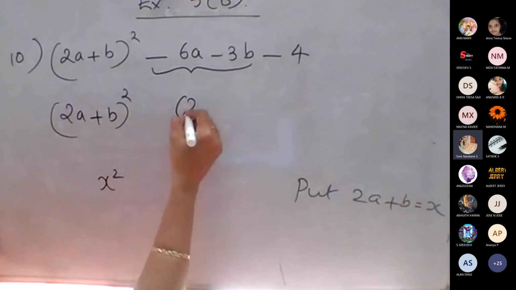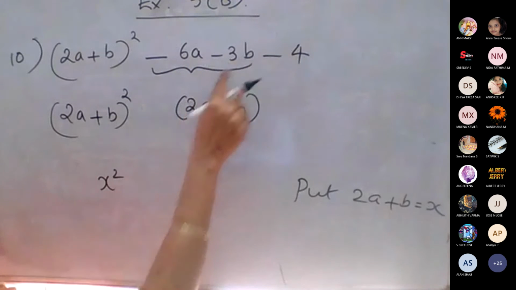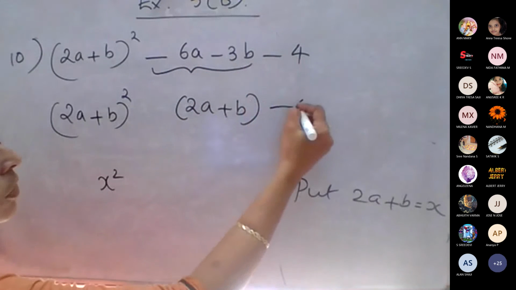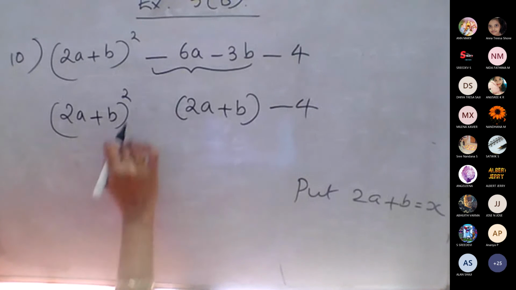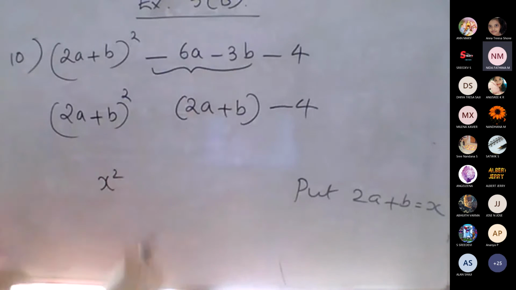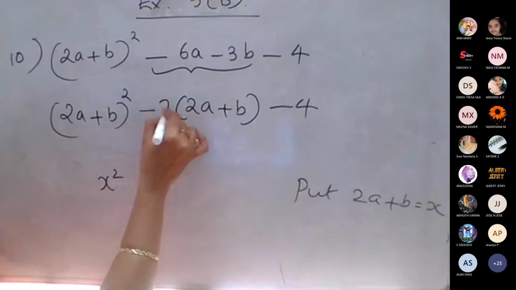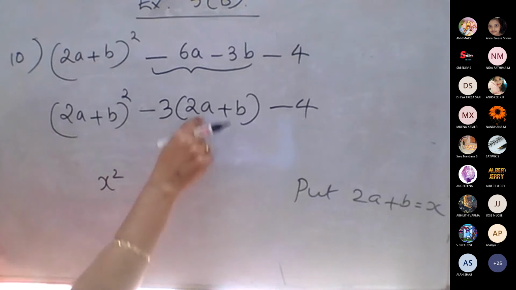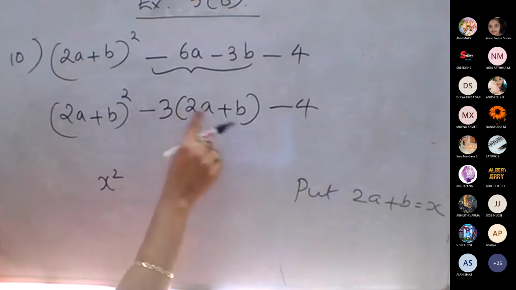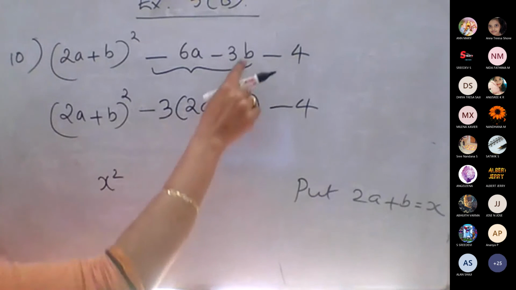So if we write in terms of 2a plus b, negative 6a minus 3b minus 4, how can we write it? We want negative 3 as common. Negative 3 into 2a is negative 6a. Negative 3 into b is negative 3b.